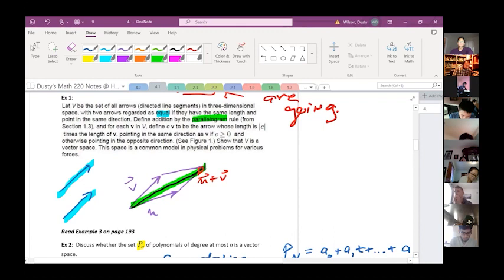And for each v in V, we're going to define Cv to be the arrow whose length is the magnitude of C times the length of v, pointing in the same direction as v if C is greater than or equal to 0, and otherwise pointing in the opposite direction. So if you had some v here, then this would be 2v, and this would be negative v.